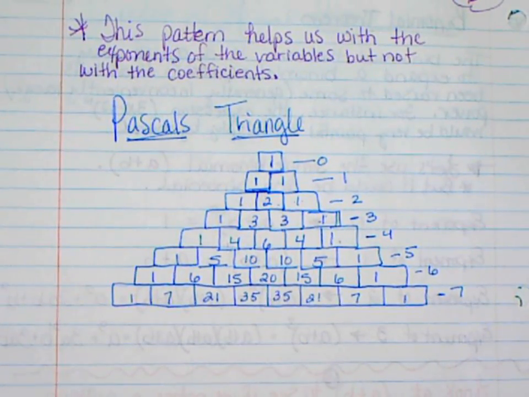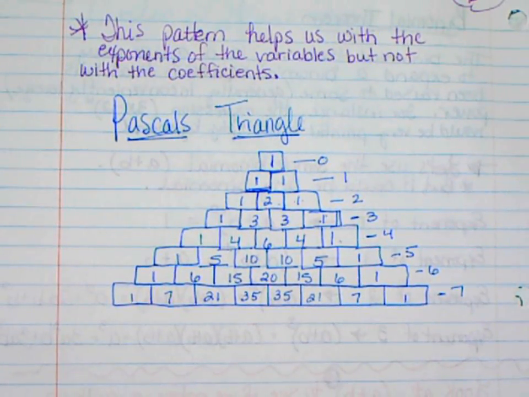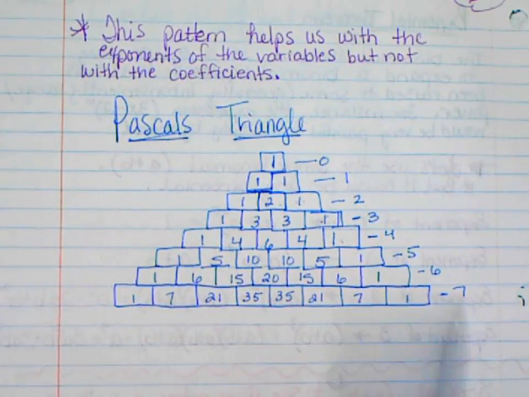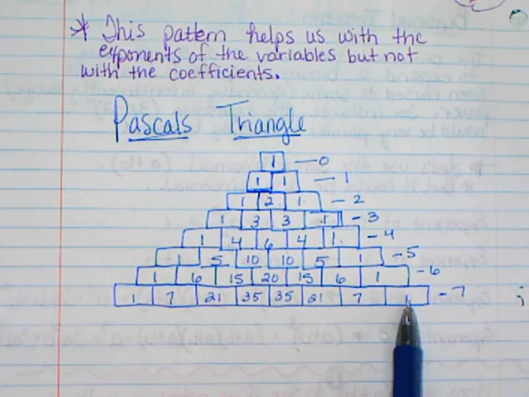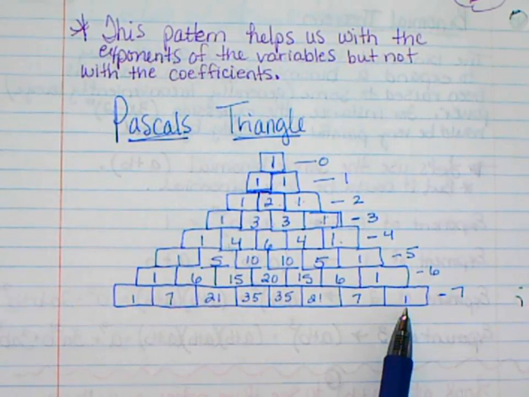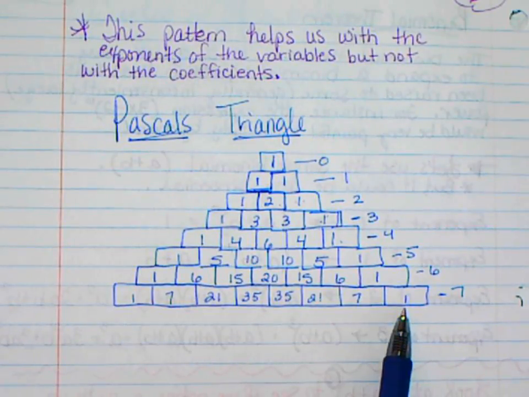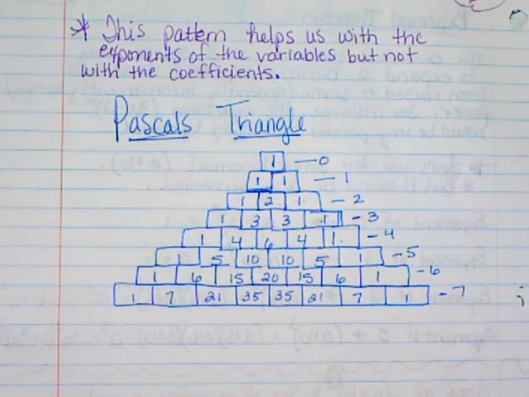So if I had a plus b raised to the 7th power, this would be my coefficient of every term. And then I'd start with a to the 7th, a to the 6th, a to the 5th, a to the 4th, all the way down. And b would start at b to the 0, b to the 1st, b to the 2nd, all the way up to b to the 7th. And we get our coefficients from Pascal's triangle. How cool is that?